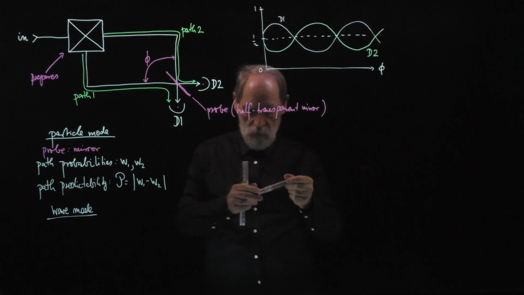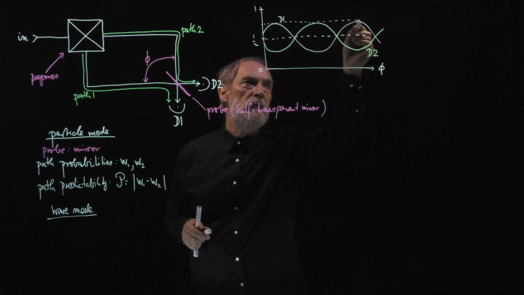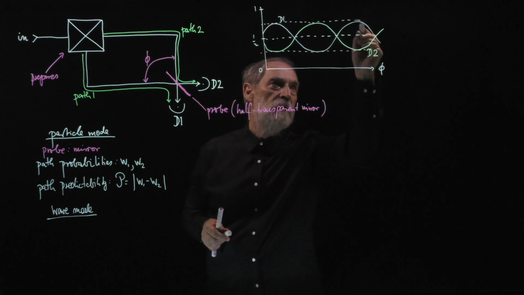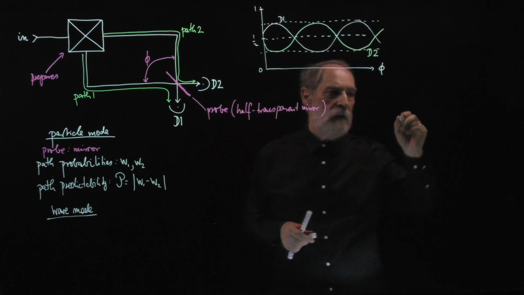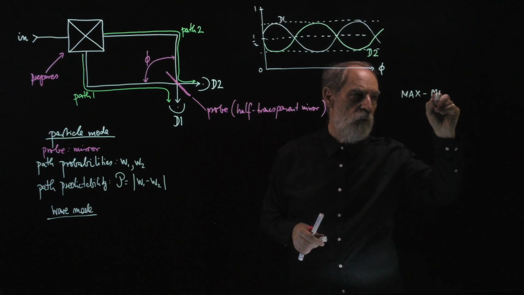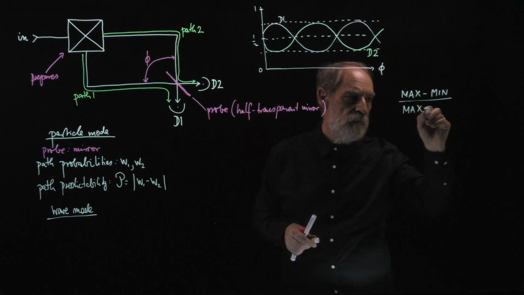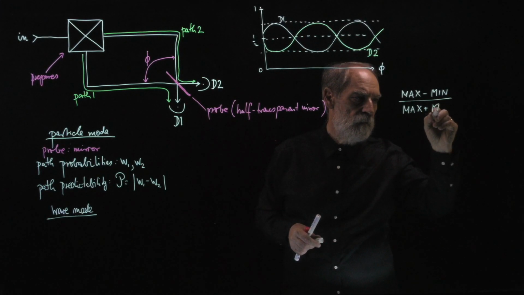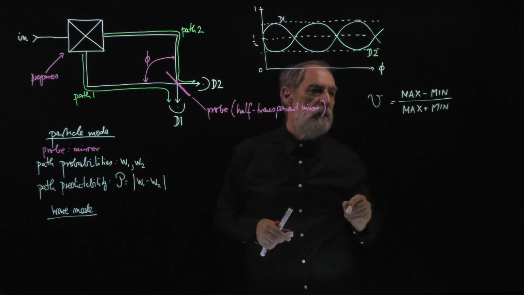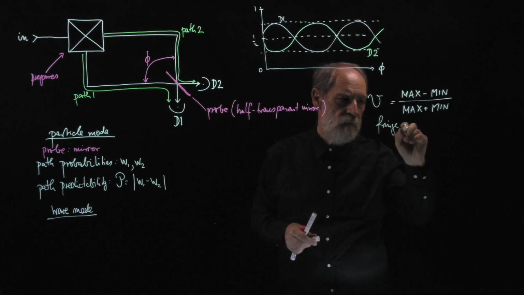And then we just look at what is the largest value that we have and what is the smallest value that we have. And we take this largest value, we subtract the smallest value, we divide by the sum, and this is what is called the fringe visibility for such an interference pattern.